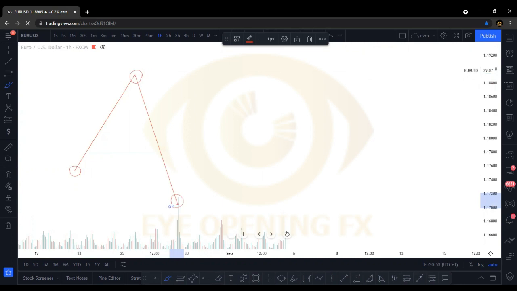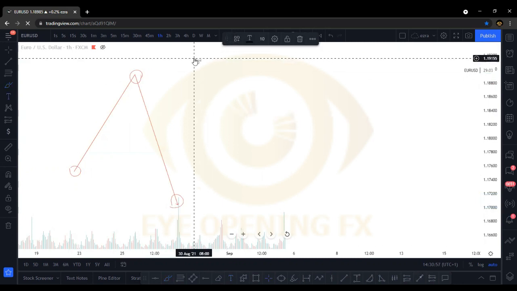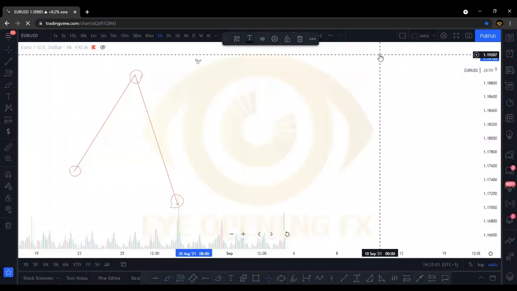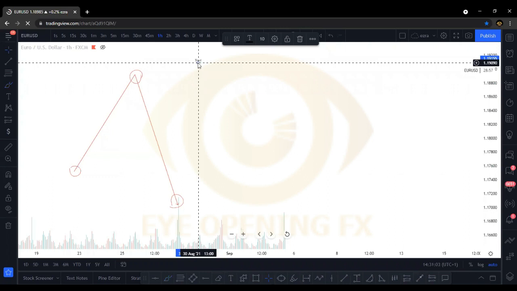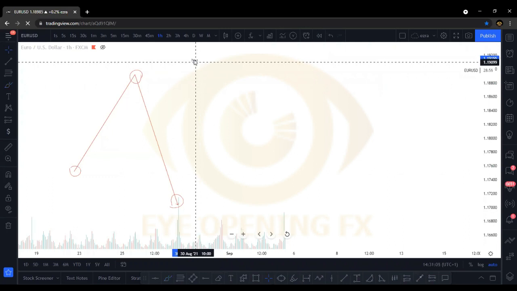Let's take, for example, this is daily time frame. Daily time frame structure.